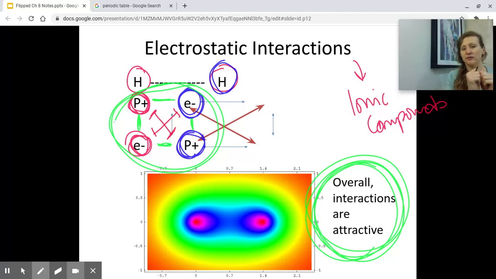If you have too much attraction, you're going to get a system that's going to collapse in on itself, right? If you're too far away, then the attraction isn't as maximized as it could be. You're also going to have a high potential energy system. And so you have to find this beautiful balance of this perfect distance. And that is where your lowest potential energy is going to be for this electrostatic bond.